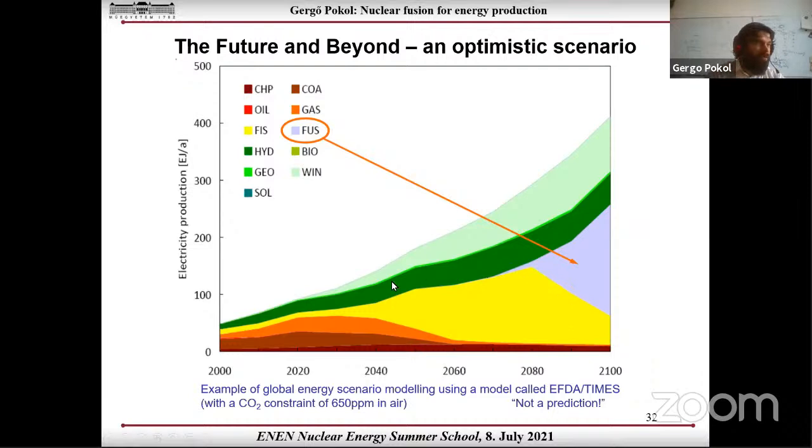But before that, we need some kind of alternative way of producing carbon neutral electricity.